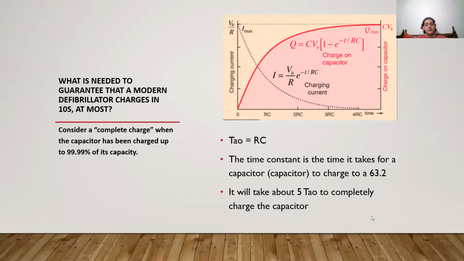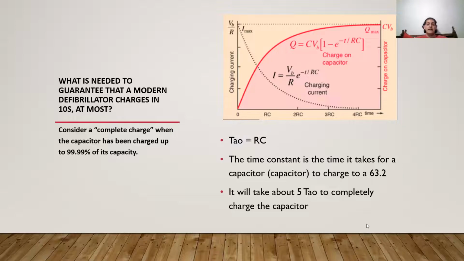So now that we understand, we can know that capacitors have an exponential behavior because in its equation, mathematically, there is an exponent that makes its charge vary in an exponential way. So in order to guarantee that a modern defibrillator charges in the 10 milliseconds, we have to consider tau, which is the capacitance times the resistance in this circuit.